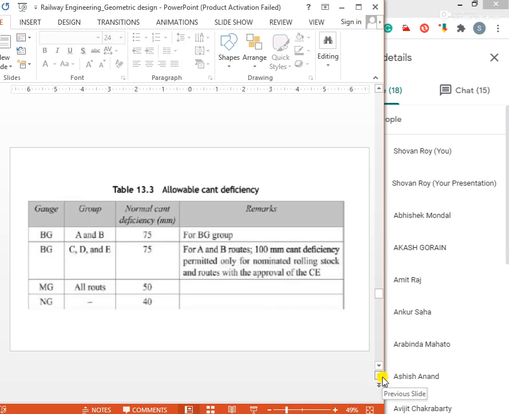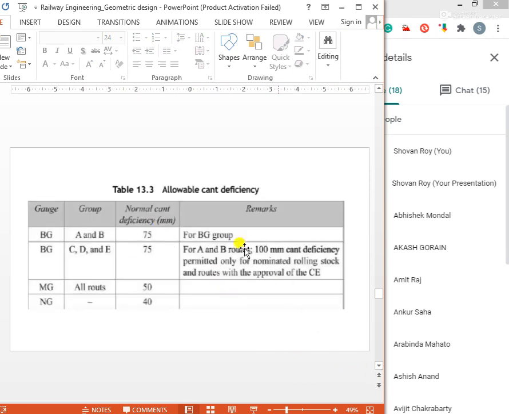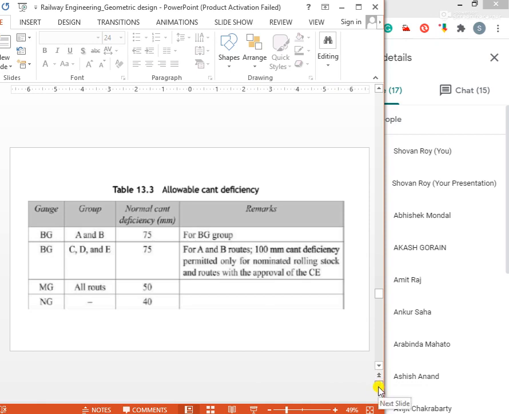In numericals, my suggestion is you can take cant deficiency 100, because sometimes you can see that the value may be greater than 100, so at that time you should take 100. And sometimes it is greater than 75, so at that time you should take 75 only. So these are the limiting values for cant deficiency and cant excess.